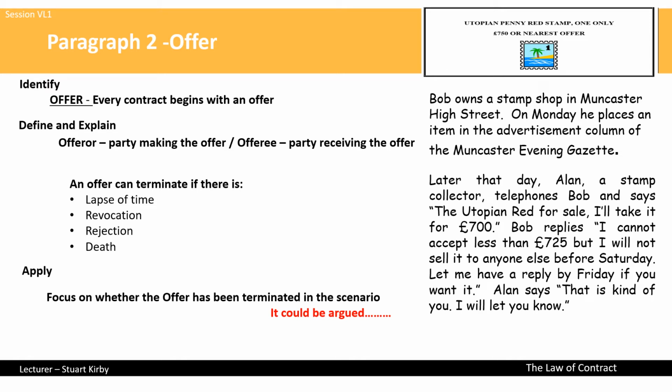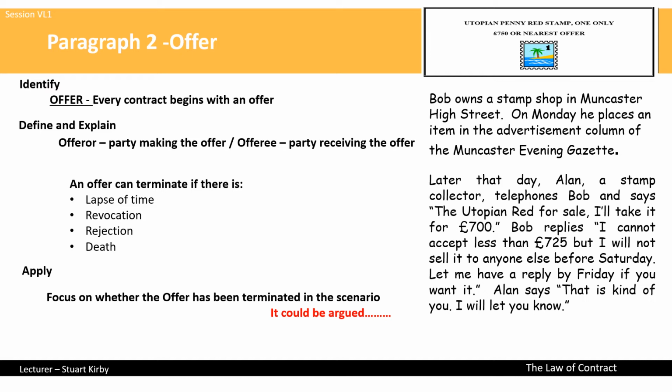So you need to focus in on that. You could also mention this idea of revocation, coming from the verb to revoke. Bob sent a letter towards the end of the week, revoking his original offer to Alan. These things need to be mentioned because it shows that you understand revocation and rejection, and it shows that you're able to apply it to the scenario.